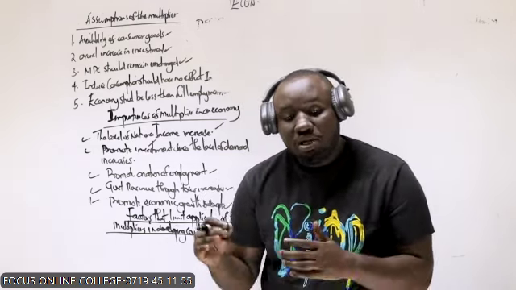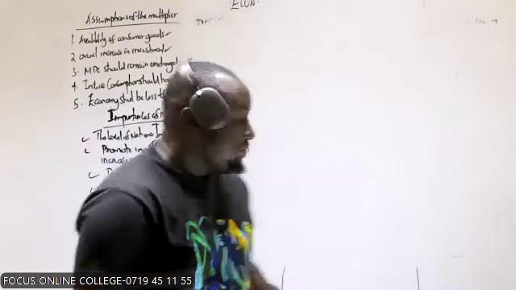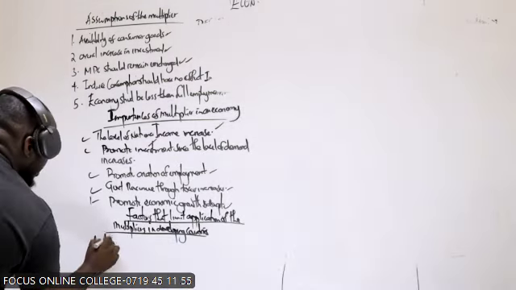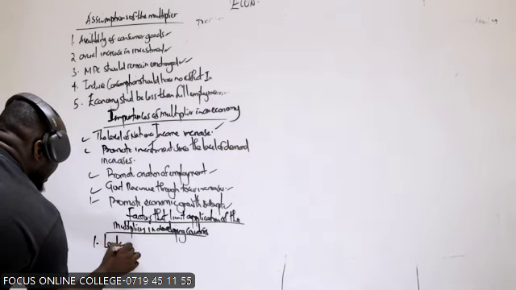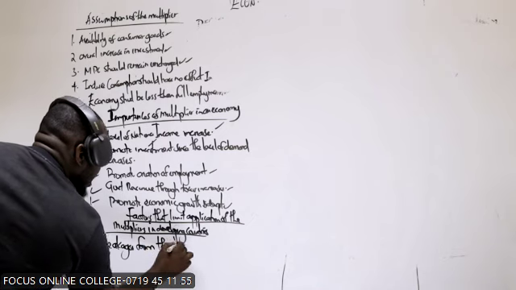Remember when you talked about leakages or withdrawals. So we say leakages from the circular flow of income.